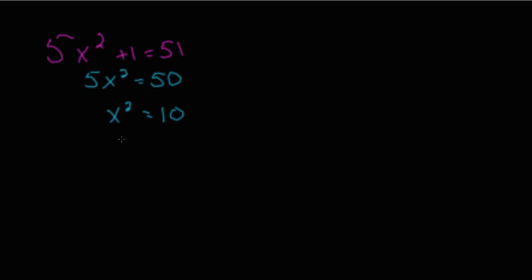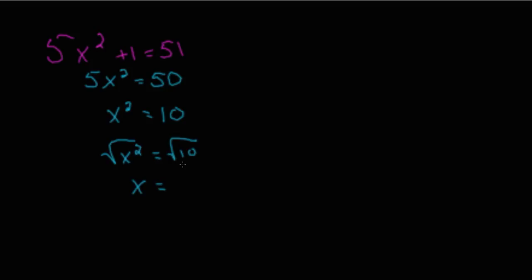So now we can use our square root property to find what the value of x is. If x times x is 10, then 1x is going to be equal to the square root. And we can take the square root of both sides here. Square root of x squared equals square root of 10. Now the square root of x squared is x. Any number times itself, the square root of x squared will give you x.